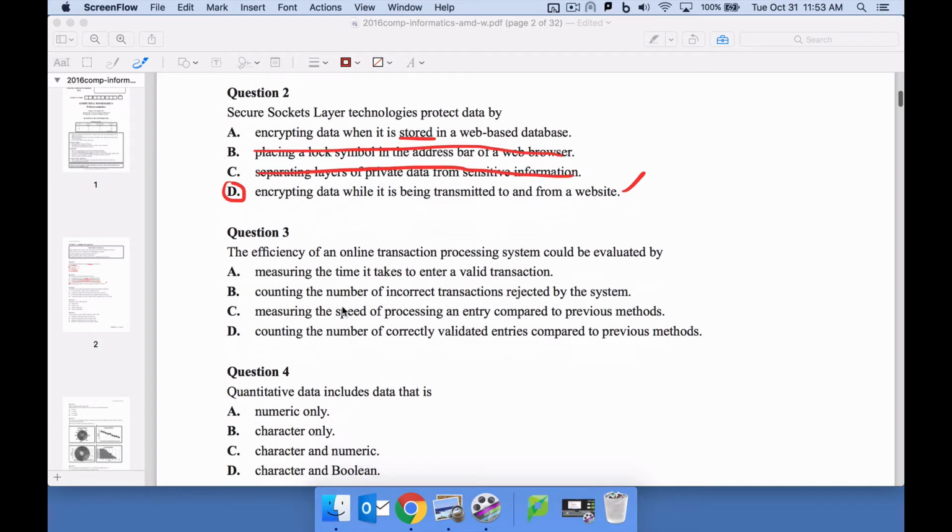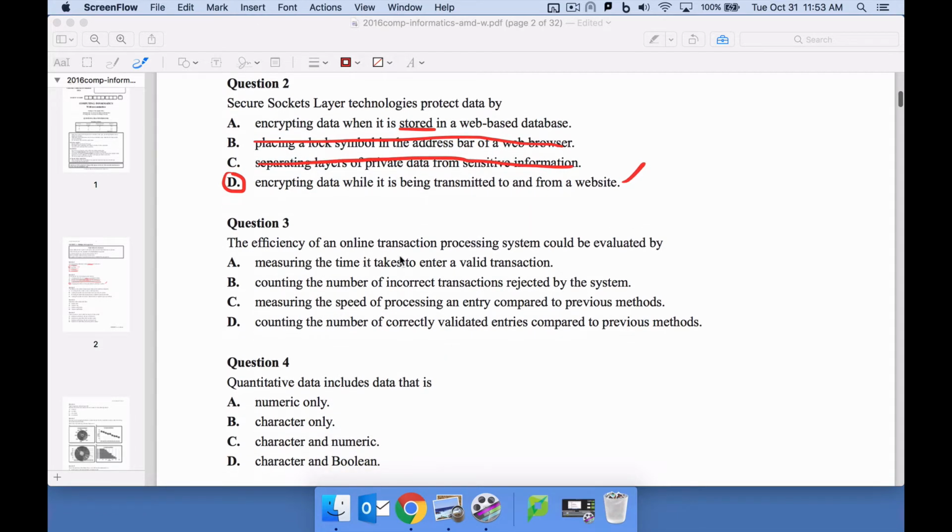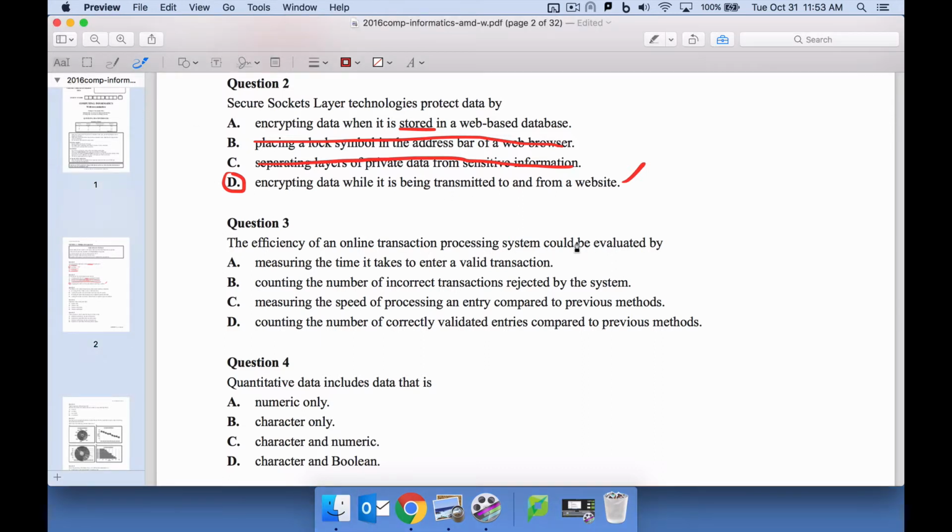Question 3. The efficiency of an online transaction processing system could be evaluated by. So we're talking about efficiency, speed, not effectiveness. Let's go to the first possible answer. A, measuring the time it takes to enter a valid transaction.